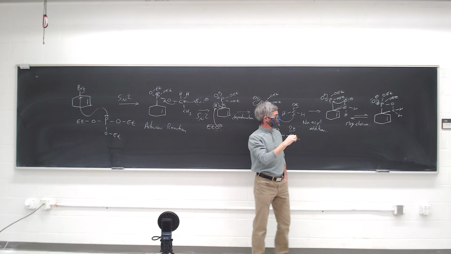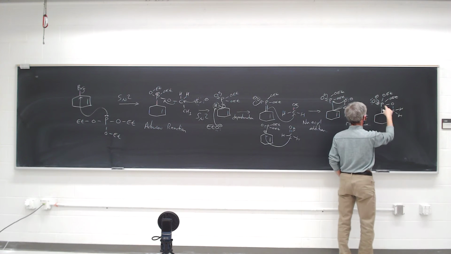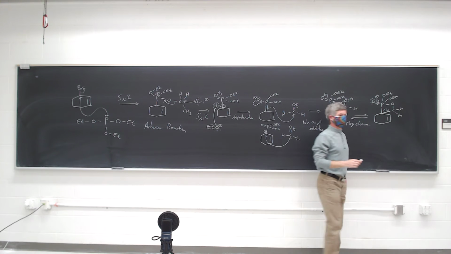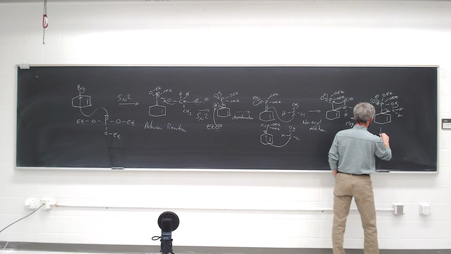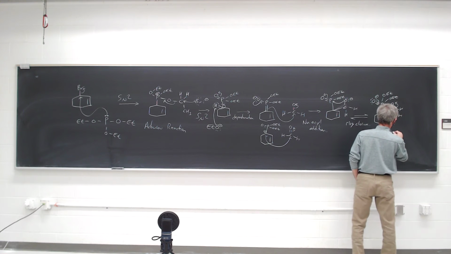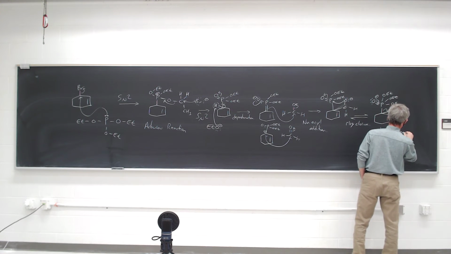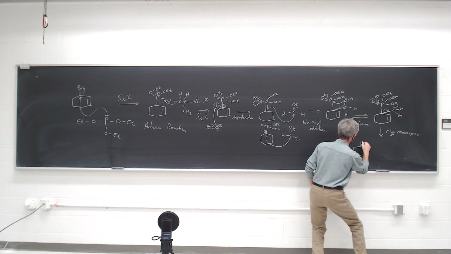Push the pair of electrons from carbon-phosphorus to make the new pi bond, and push this pair of electrons out onto the oxygen. And the ring rearranges to give the final product.